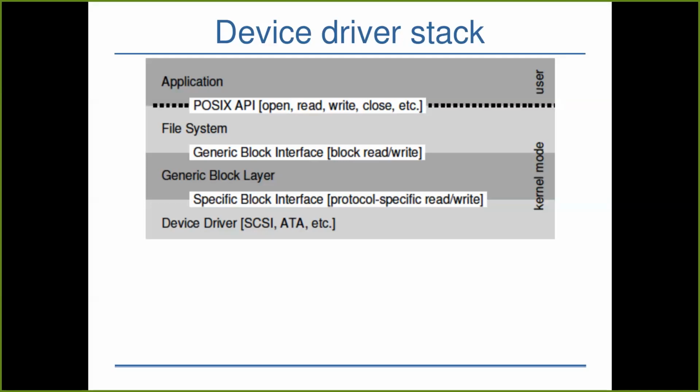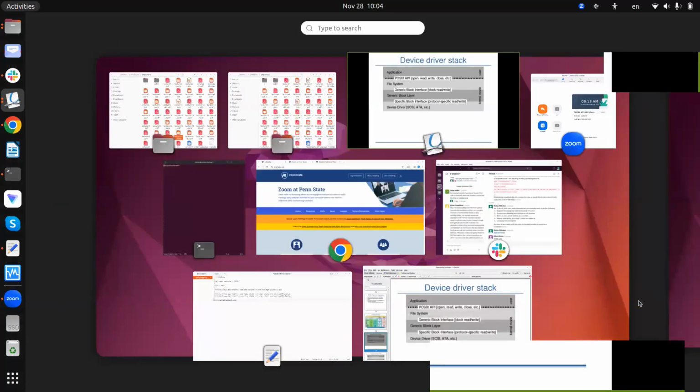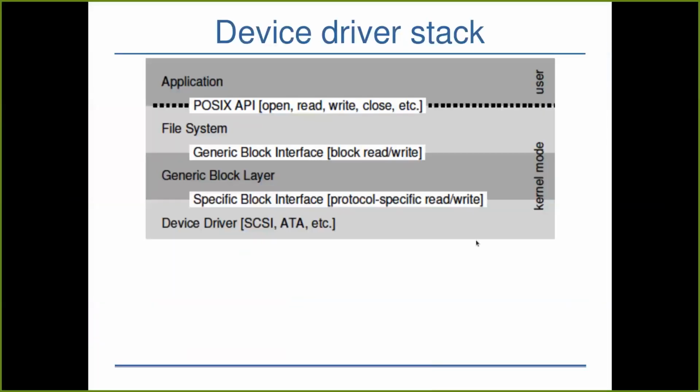Through the VFS layer, eventually that's going to reach a file system. Through this virtual file system layer, it will reach the specific file system implementation, maybe the ext4 file system that you have in Linux. Eventually, that's going to reach the generic block interface, so that's going to be block read and write, for the block devices that we have, right? Oh, what was that? The previous slide.